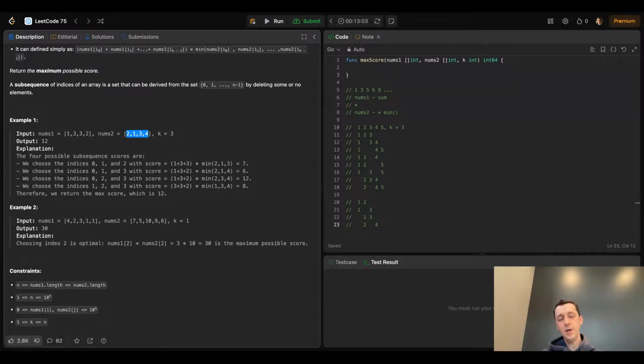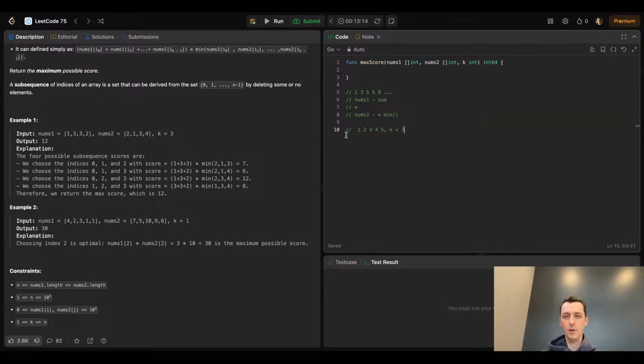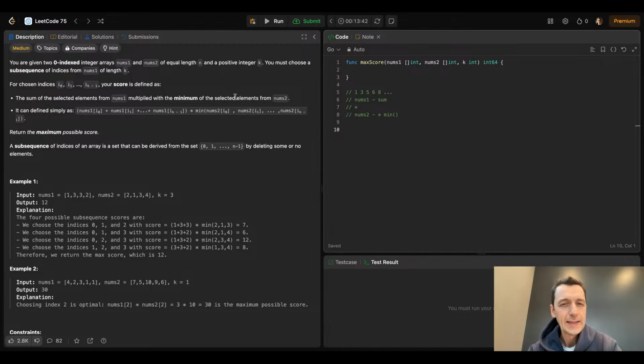But if we don't bump into a 0 in nums2, that is where we want to make sure that the minimum in our subsequence, our subset, the minimum one is as big as possible, while the first one also matters. That's the thing.